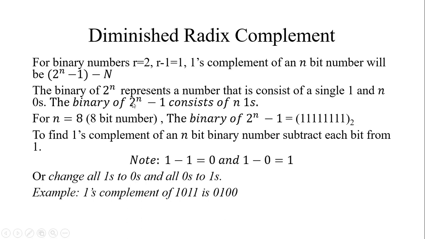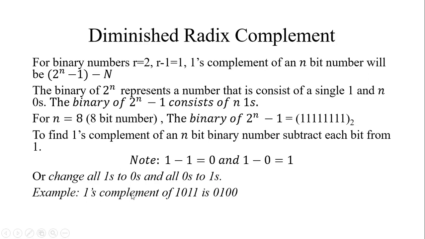The binary of 2 raised to power n minus 1 consists of n ones. So for example, for an 8-bit number, the binary of 2 raised to power n minus 1 is 8 ones in binary. To find the one's complement of an n-bit number, subtract each bit from 1, or change all ones to zeros and all zeros to ones.